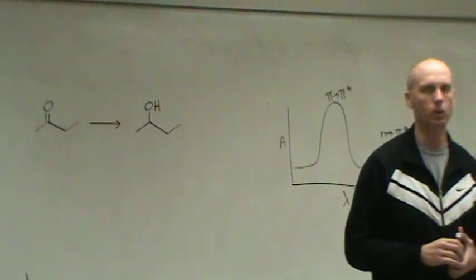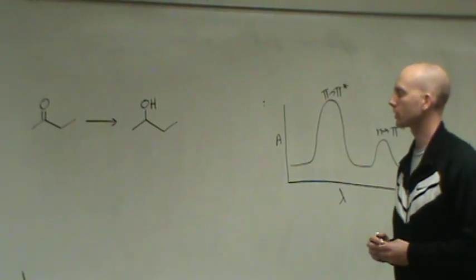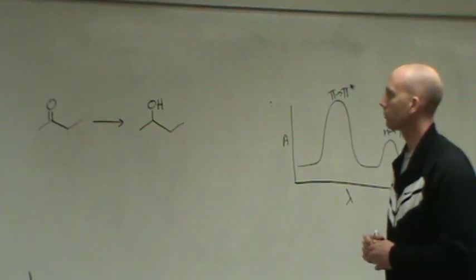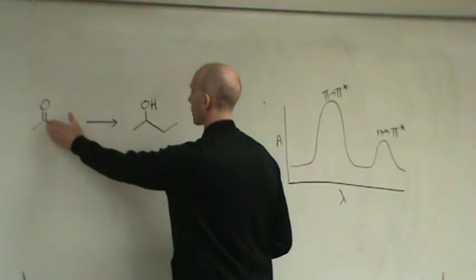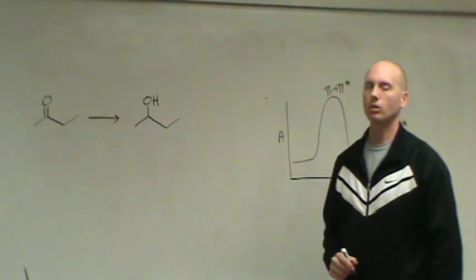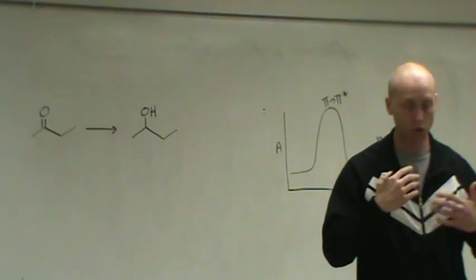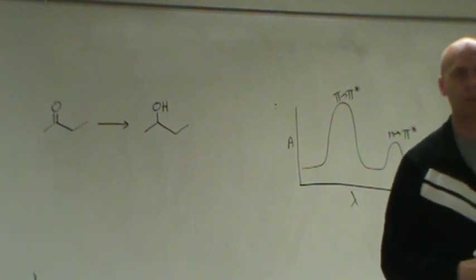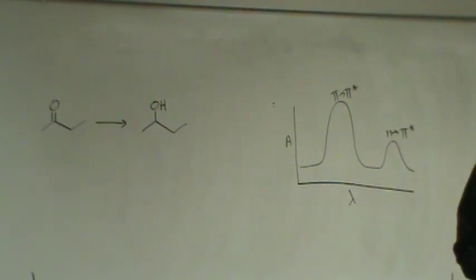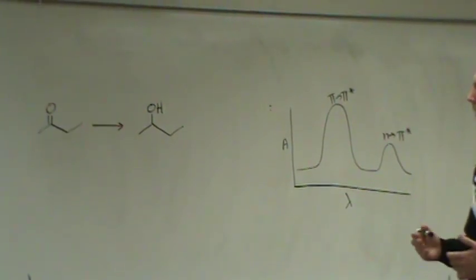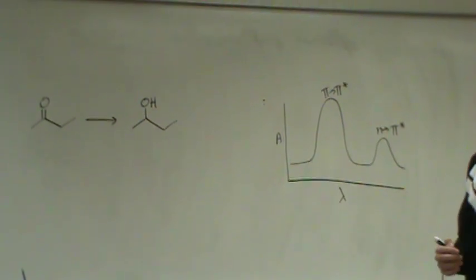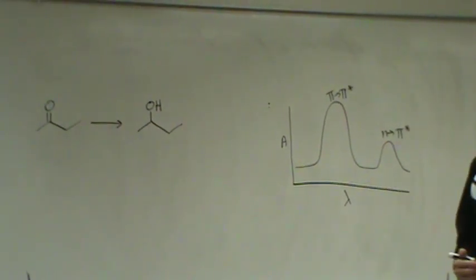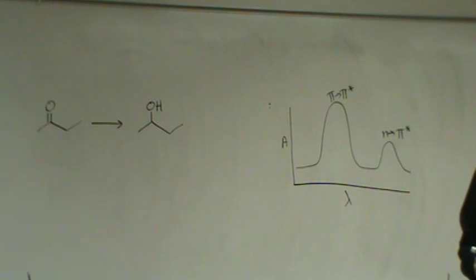We'll learn how to do this later on in the semester. But we can easily convert a carbonyl to an alcohol using things like sodium borohydride, lithium aluminum hydride, and some other things. But suppose I wanted to see if I did that reaction by using UV spectroscopy.